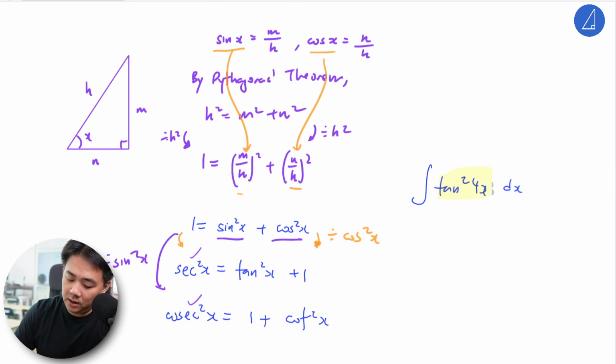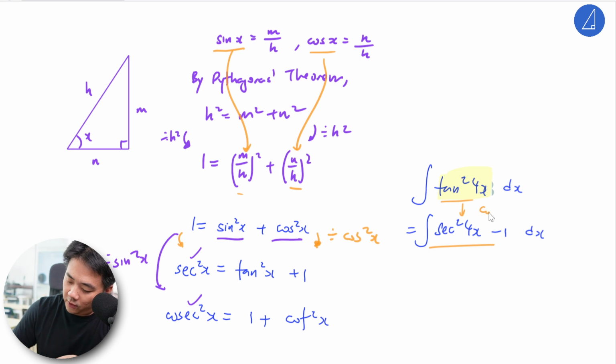Integrating secant square gives tangent x, because differentiating tangent x gives secant square. So essentially this will be secant square 4x minus 1 dx. You need to use the formula secant square a equals tangent square a plus 1 to go from here to here.